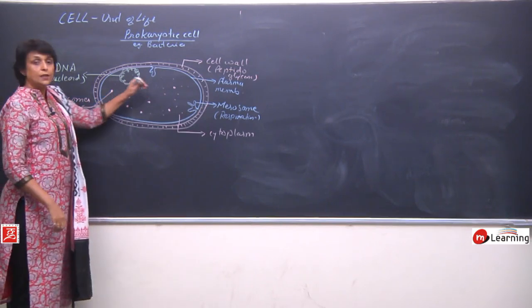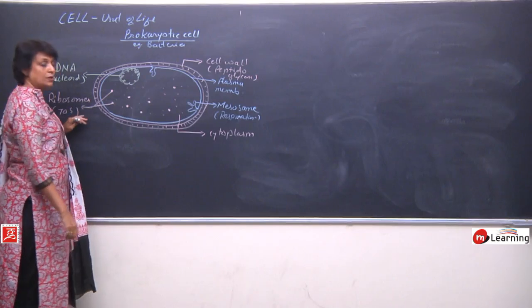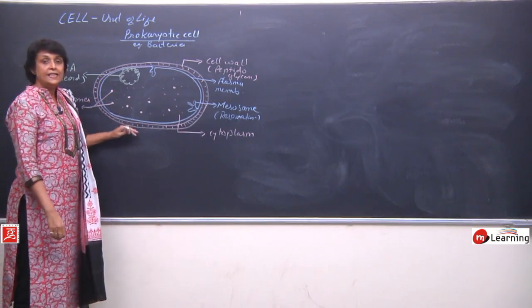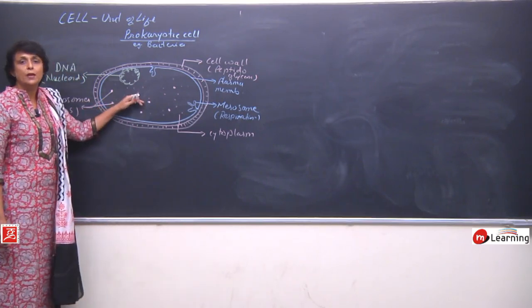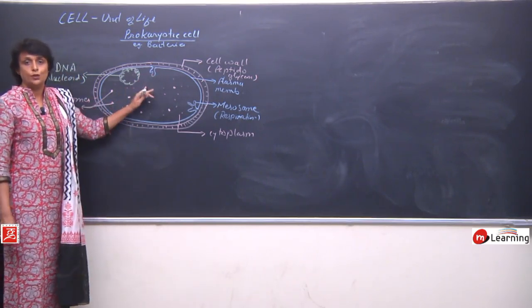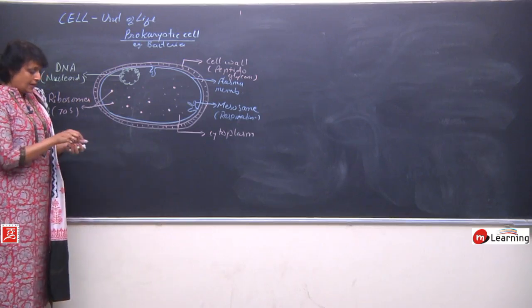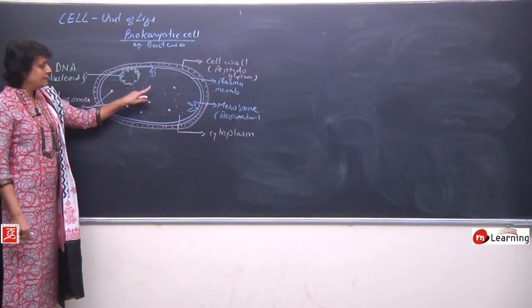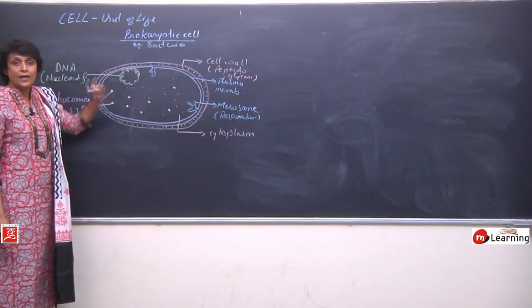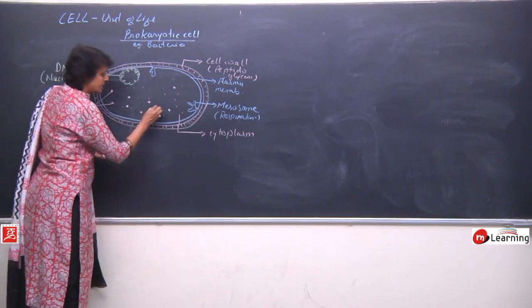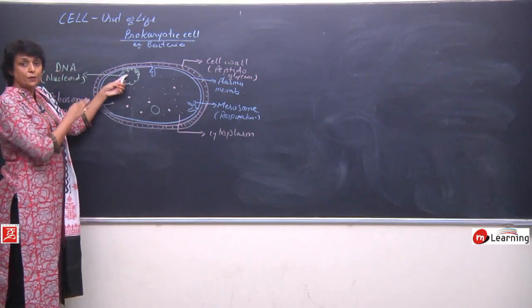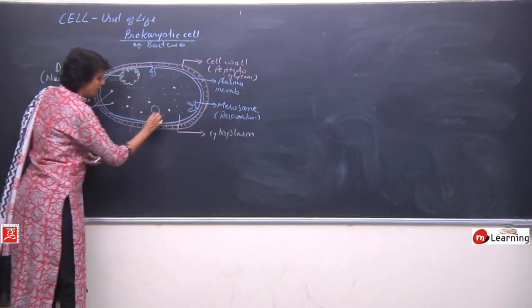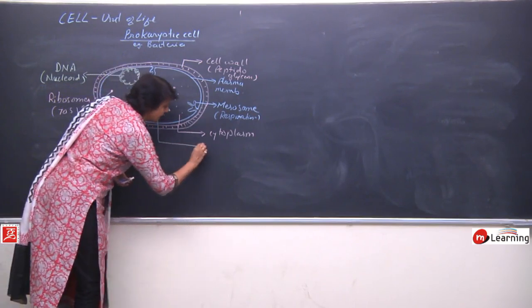When we come to the details of the organelle, we'll talk about 70S and 80S. 80S type of ribosomes are found in eukaryotes and 70S are found in prokaryotes, plus the organelles which are there in eukaryotes. In some bacteria or in some prokaryotic cells, there is a circular DNA apart from the main genetic material. This is called plasmid.